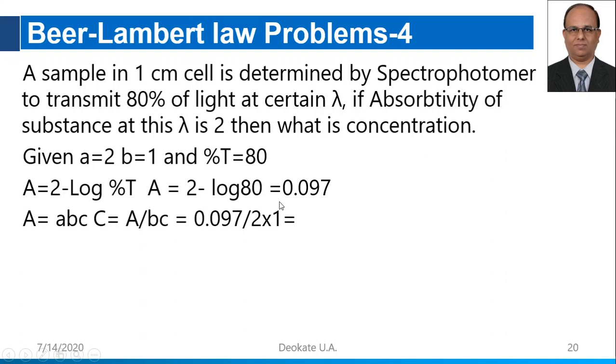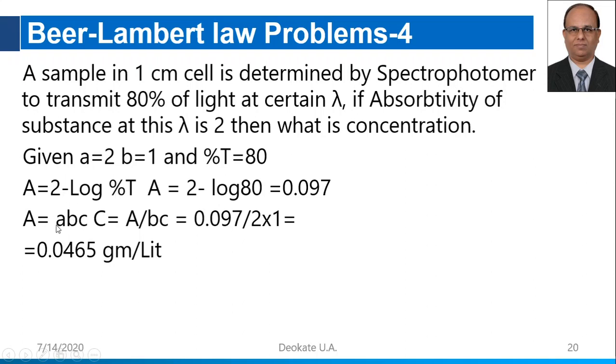Now put the values: absorbance, that is 0.097, divided by path length into the absorptivity value. In this way, we can calculate the concentration of anything. So the concentration is 0.0465.